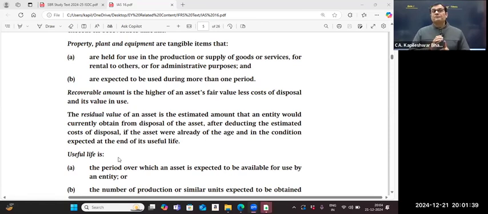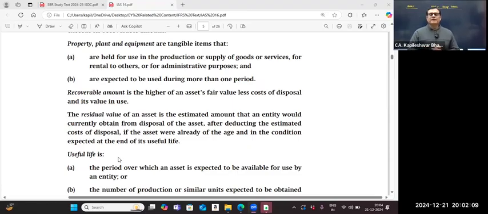Now, very interestingly, owner occupied property means a property which is occupied for self use. For example, if you've got a factory building, it is owner occupied. If you look at an office which is meant for administration purposes, it is again owner occupied. Let's say, for example, if you purchase a property to earn a rental income or for the purpose of getting a capital appreciation, it is investment property.